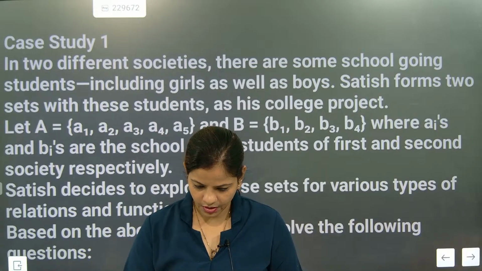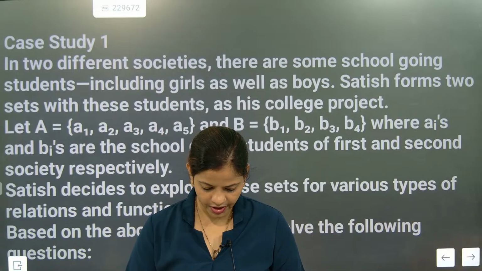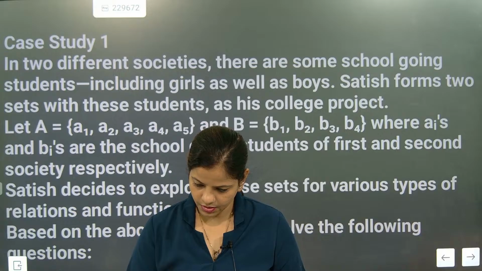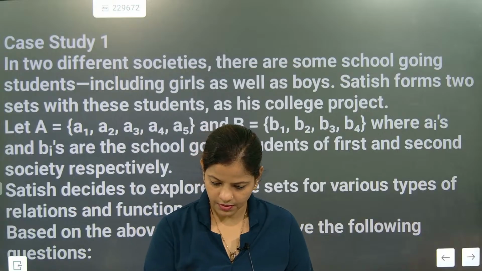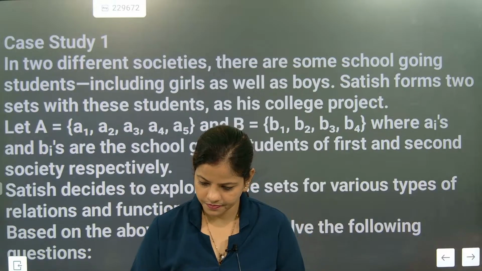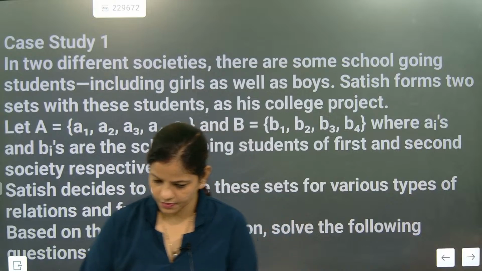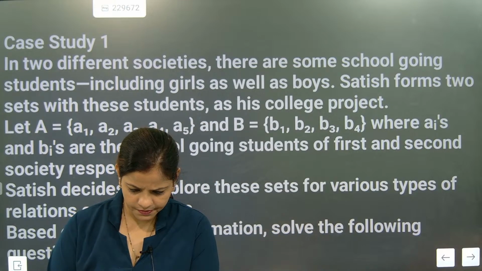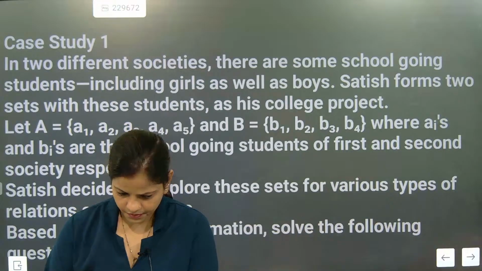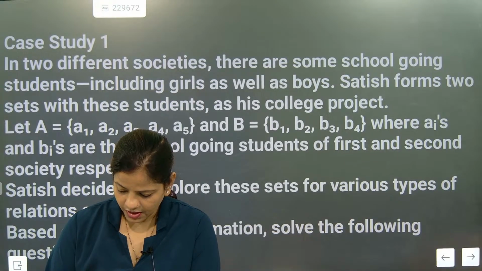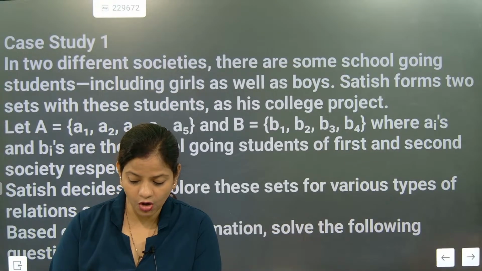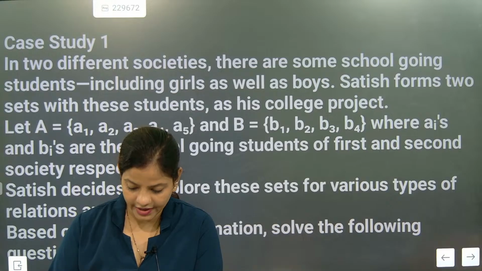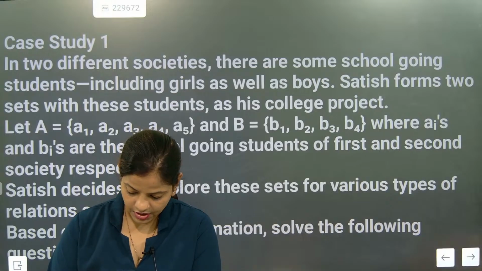Is it audible? Check one time, beta. Is it audible? Okay, fine. Is it audible now? Yes or no, say. Audible or not audible? You write, then only I'll be able to understand.